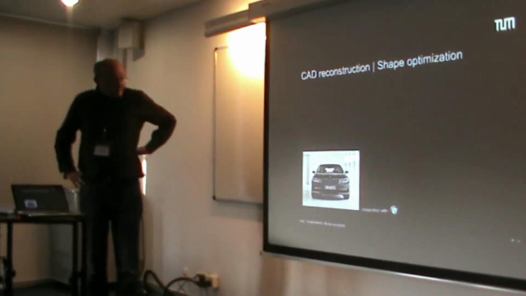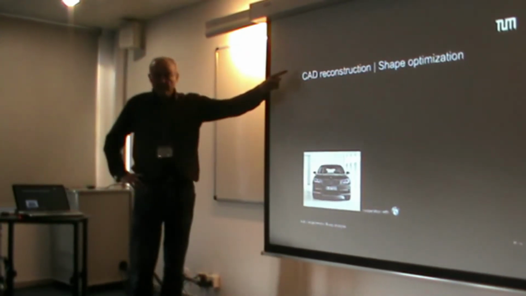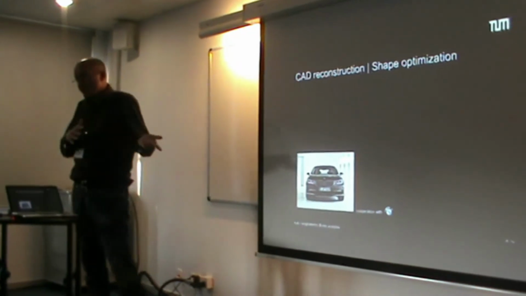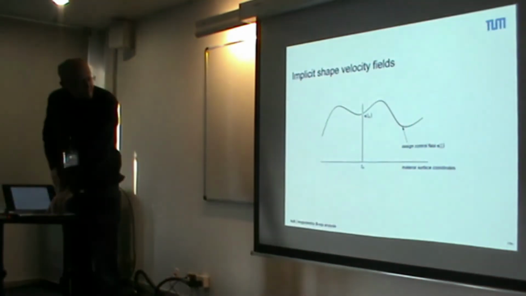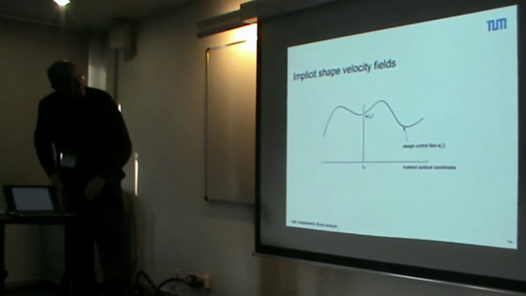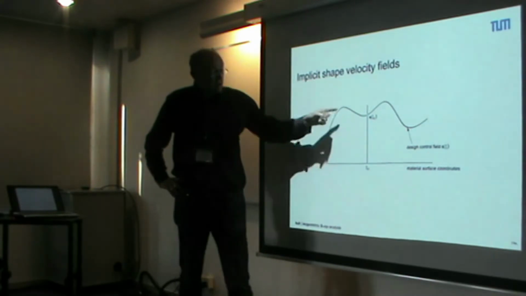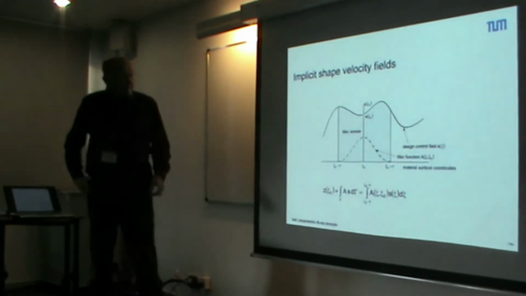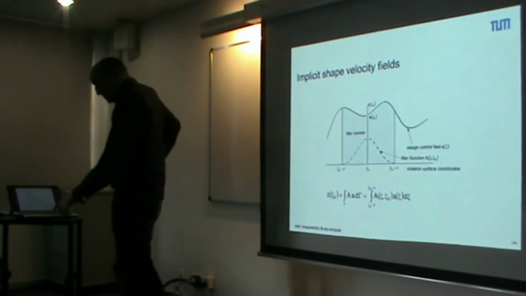Another topic which we treat together with BMW is the CAD reconstruction after shape optimization. So that's what I mean, that's the unfitted part of the lecture, something about shape optimization. What we're doing is that we implicitly formulate the shape velocity fields through a design control field, which we filter by some filter, and from that we generate in the second step the geometry.